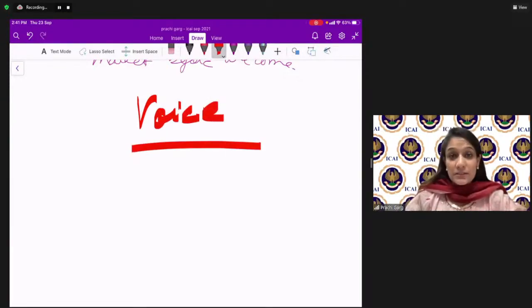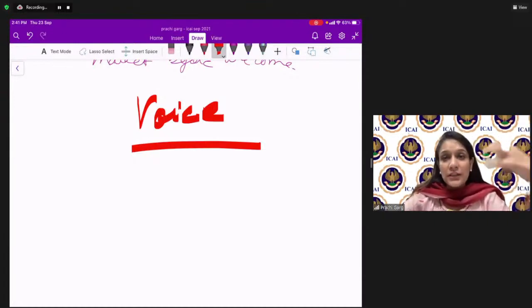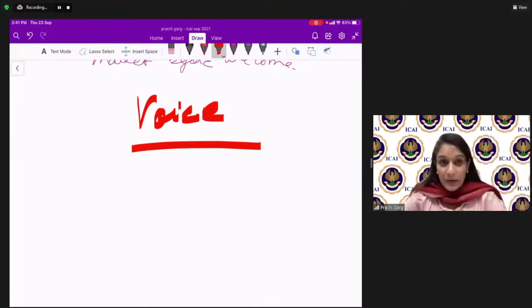Voice is basically a category which makes it possible to view the action of a sentence in two ways without the change in facts reported. So, voice actually helps us to look at the action from two perspectives without changing the fact.